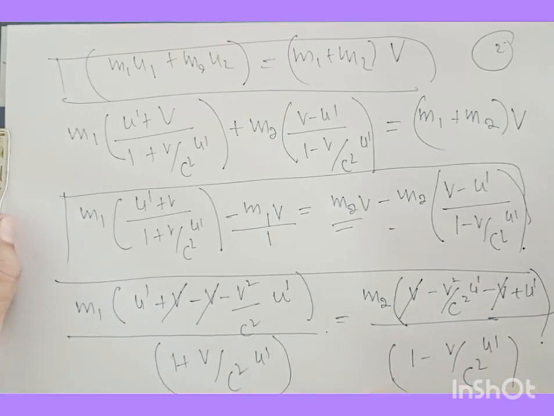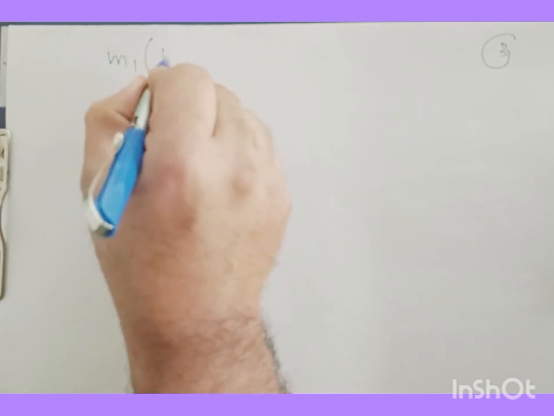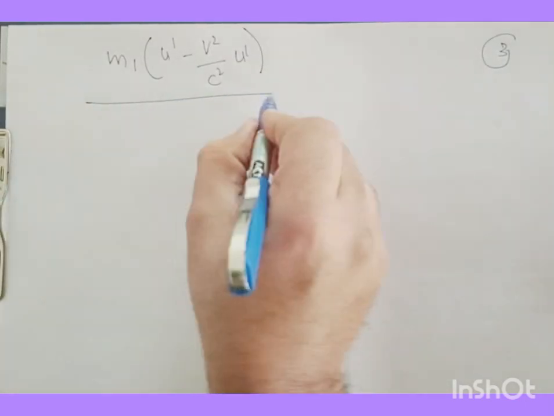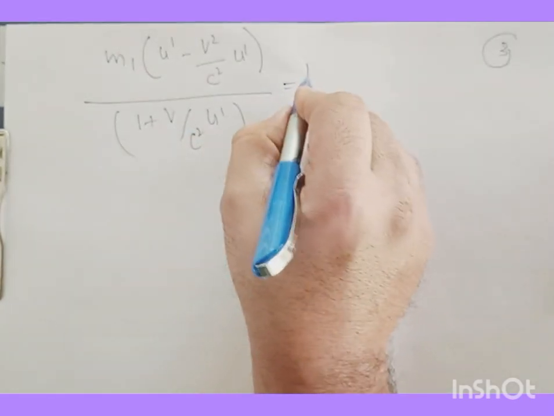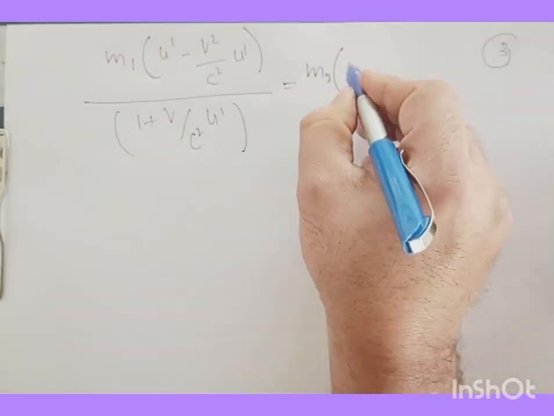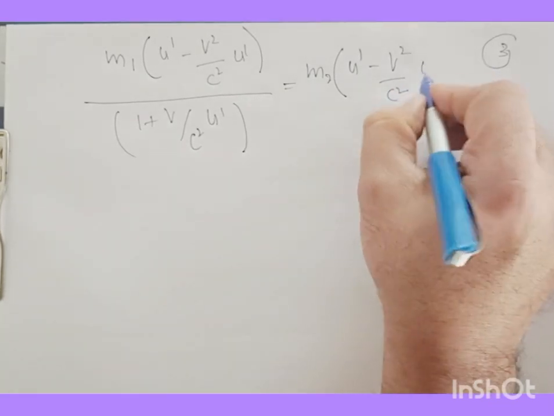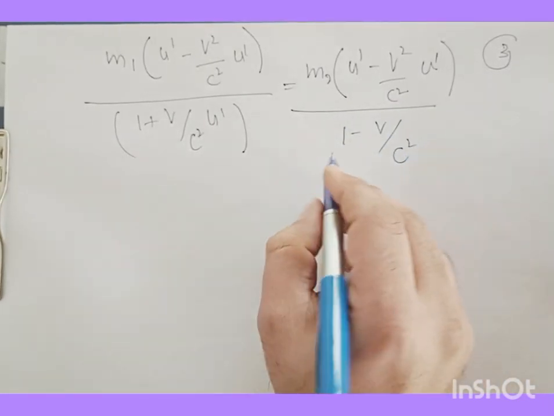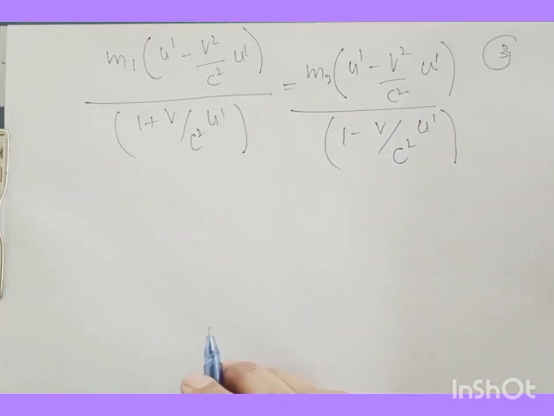So what we are going to be left with is m1 times (u' minus v²/c² u') divided by (1 plus v/c² u') is equal to m2 times (u' minus v²/c² u') divided by (1 minus v/c² u'). This should be the outcome.